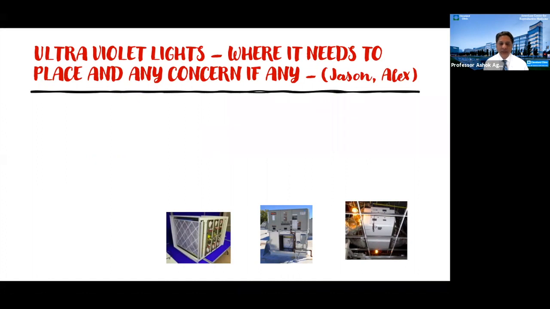Ultraviolet light is obviously used to remove many types of infectious pathogens from the ART area in the lab. Where is the best place to install it, and does it have any unintended consequences? We'll ask Jason and then maybe Alex to comment afterwards. So Jason, please go ahead.